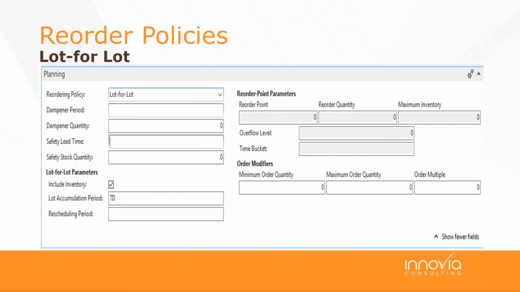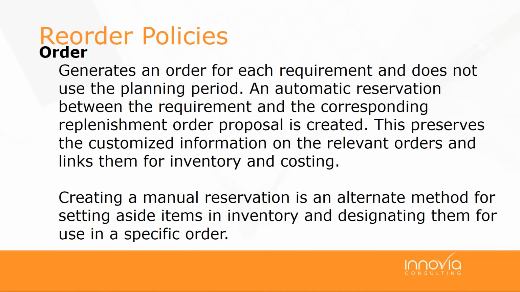So if I keep going here, the fourth reorder policy is order. This one, you can read this, but it creates a reservation. So I have a sales order item. We never have it in inventory.